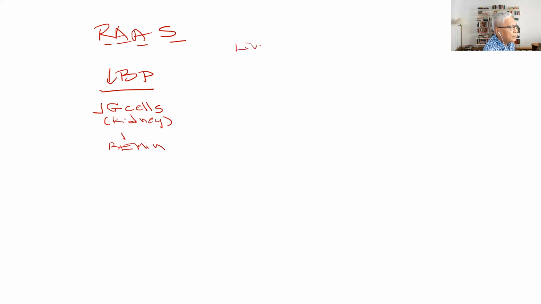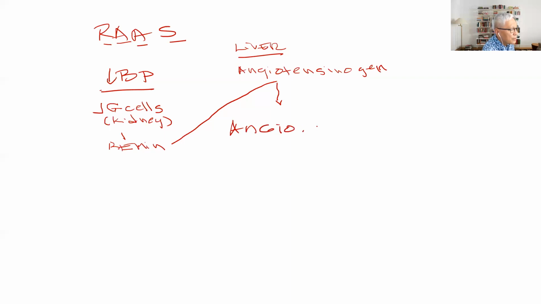Meanwhile, in the liver, there is a substance called angiotensinogen. The combination of these two is going to form angiotensin 1. And angiotensin 1 circulates in the lungs, and it's now going to be converted into angiotensin 2. And angiotensin 2 is a very potent vasoconstrictor.